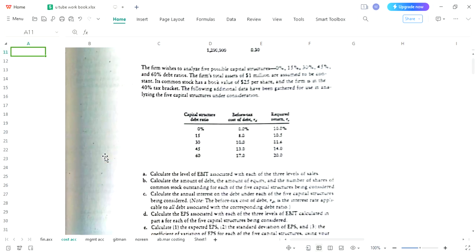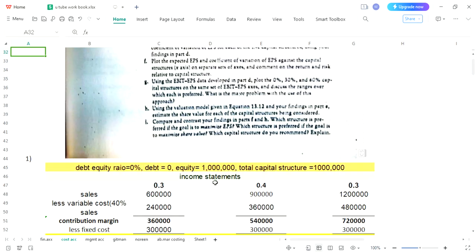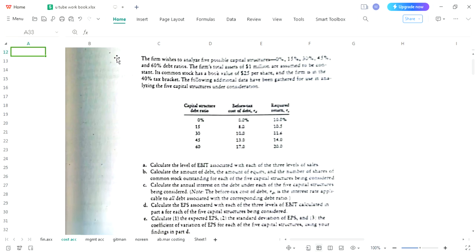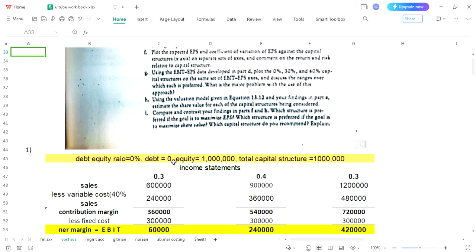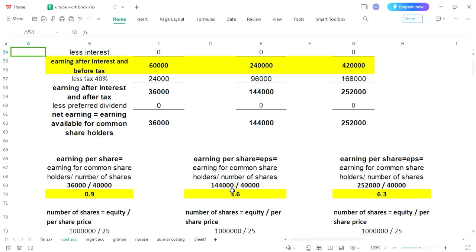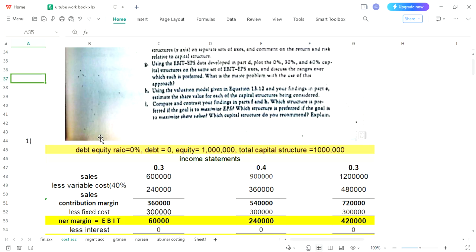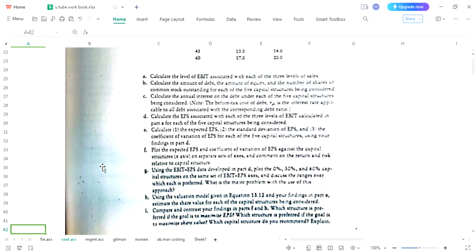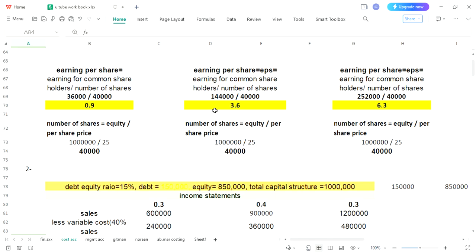Requirement A, B, C was EBIT, and here you have calculated your EBIT first, and then you were needed to calculate amount of debt. This is debt 0, and then C part was saying interest, and this is your amount of interest, and then D part was EPS, earning per share, and has been calculated for all three.